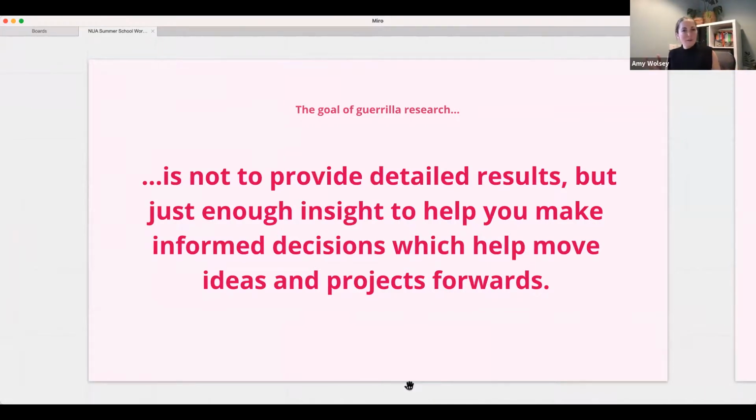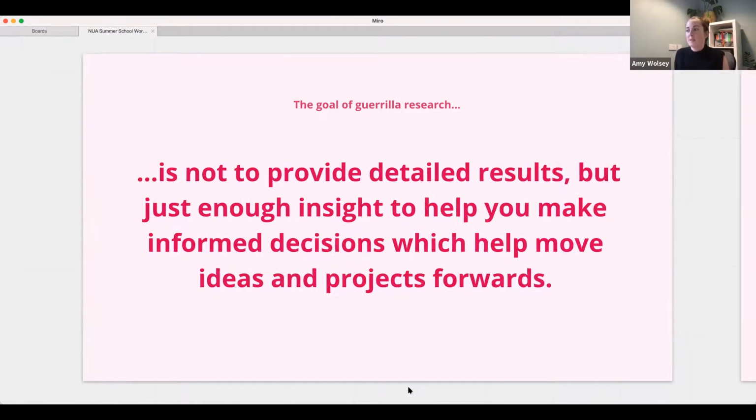The goal of guerrilla research is not to provide detailed results. We might use other methodologies for that, like really huge surveys or speaking to hundreds of people. We're not looking for detail here. We're actually looking for just enough insight to help you make informed decisions, which might help you move ideas and projects forward.